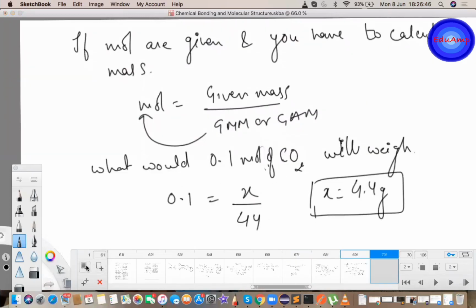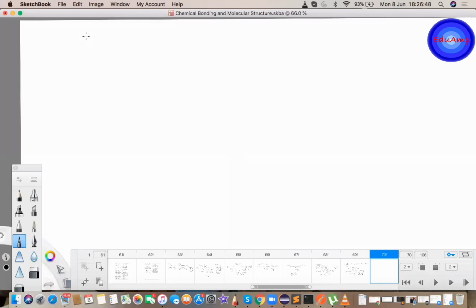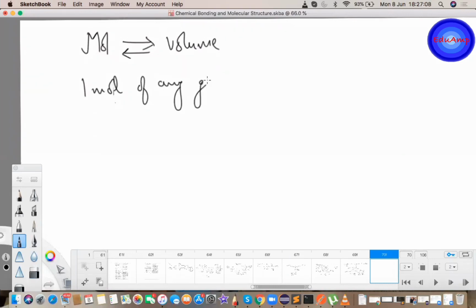Now, moving on to the next relation, that is mole and volume. One mole of any gas at STP occupies 22.4 liter.